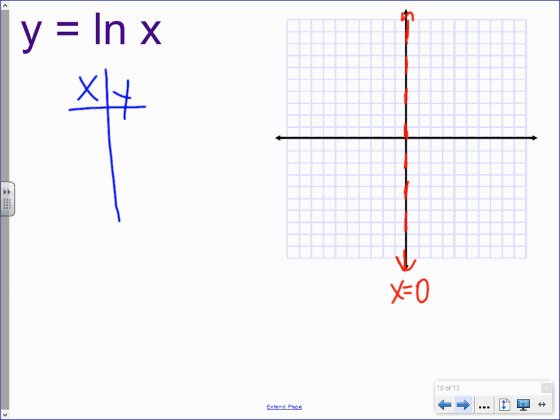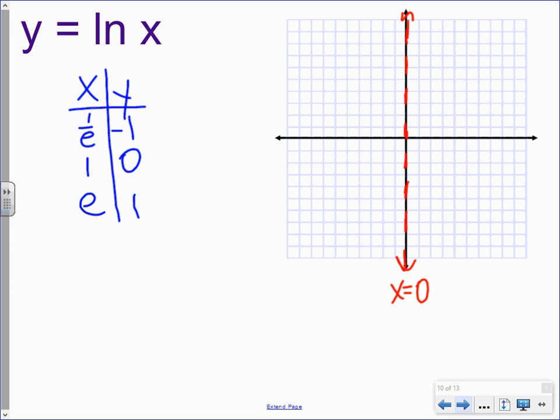Our xy table for logarithmic graphs, where does -1, 0, 1 go? In the y column. Your energy has really died down after lunch. Let's get it back. Okay? What goes on the left side? What goes in our x column? 1 over e, 1, and e. Right? We have e to the x, but now we've switched x and y.